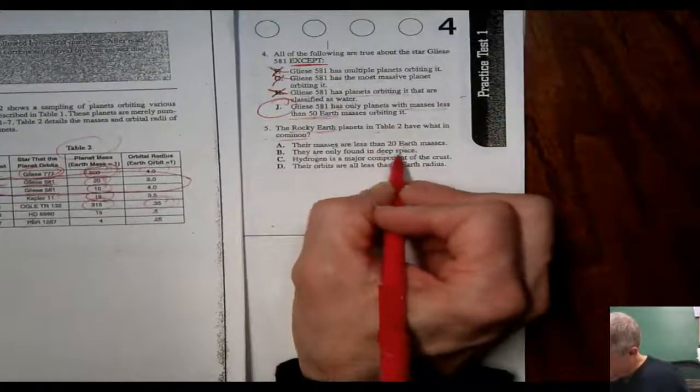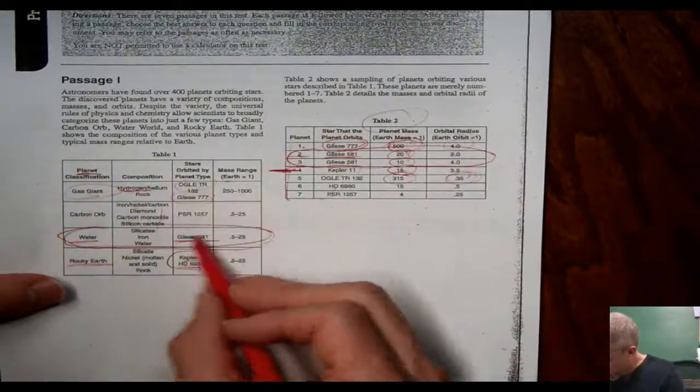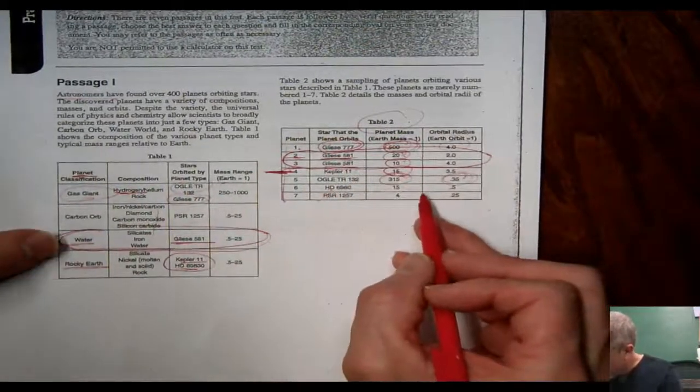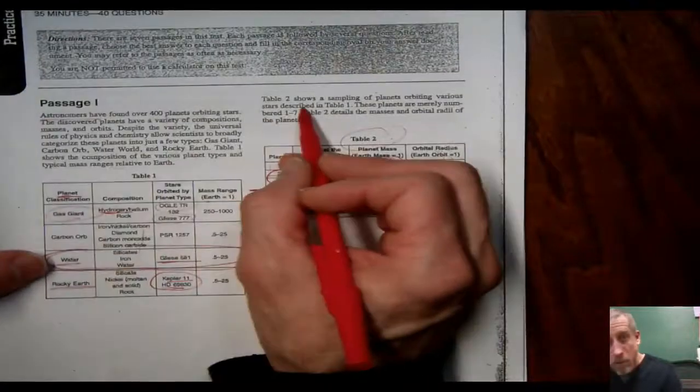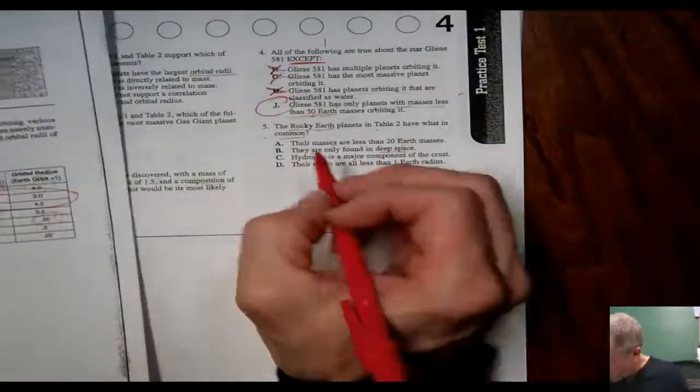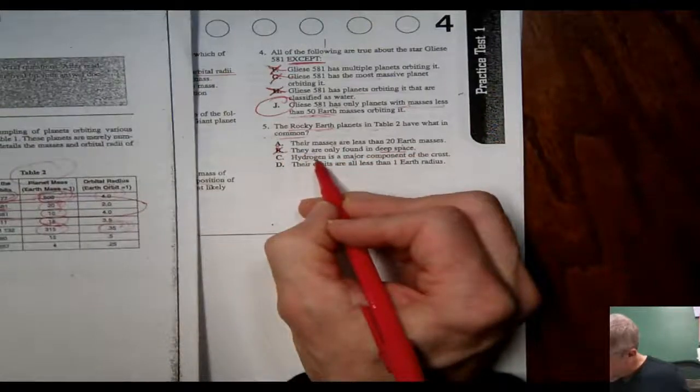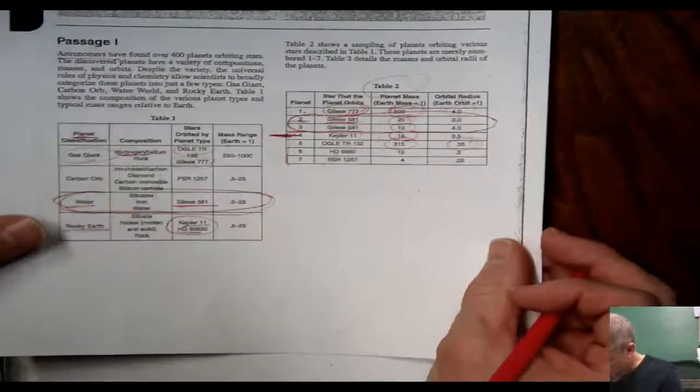That's true there. They're only found in deep space. I don't see anything here about what deep space is. And I'm looking quickly through here. Did I miss something about deep space? Don't see it there either. So I don't know anything about that. Hydrogen is a major component of the crust. Well, those hydrogen ones, those are the gas giants.